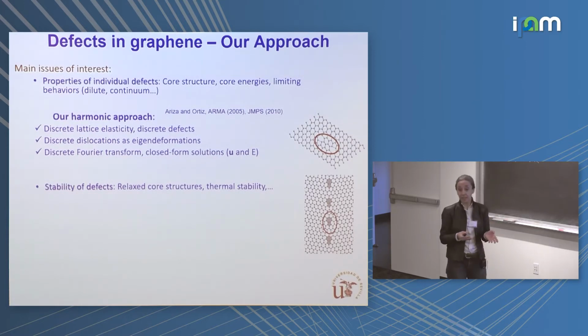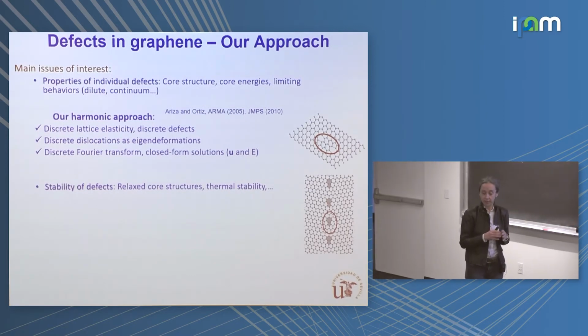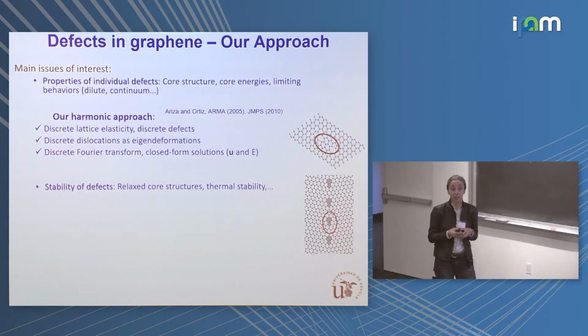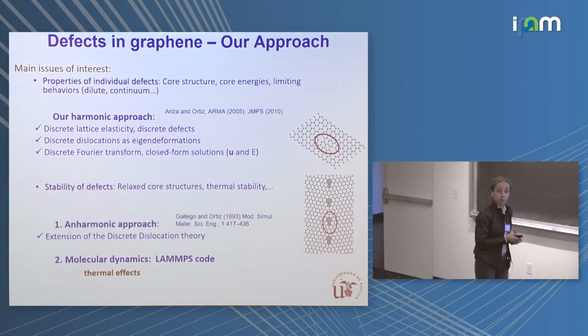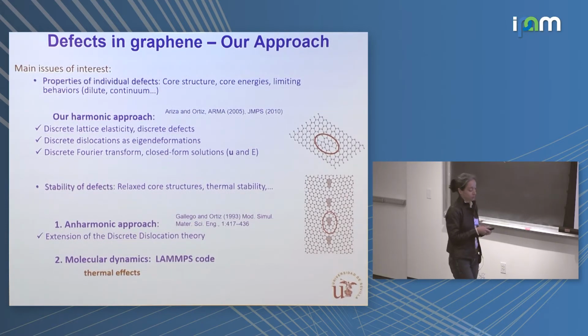In order to study the stability, because we are starting with a harmonic model, you have to relax the configuration. Relaxing the configuration means that you have to take into account the nonlinear effects. So how do you account for those nonlinear effects, the part of the energy that you are not accounting for at your first step?